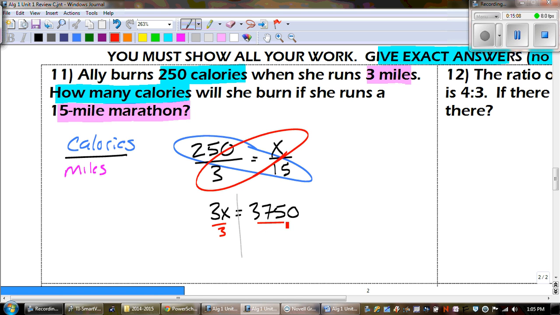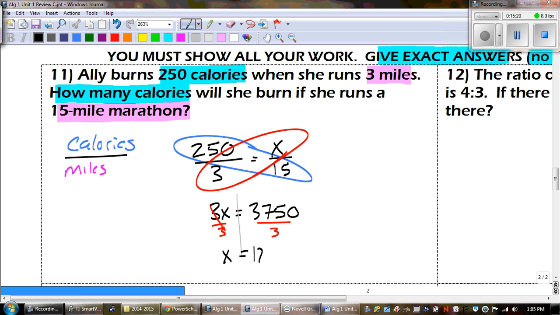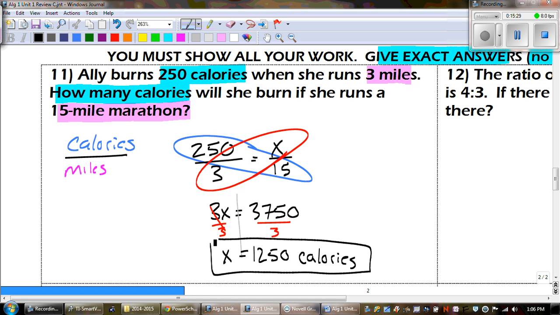So that means we have to divide by 3. And when you divide by 3, you get 1,250. And that's 1,250 what? Yep, calories. Not 1,250 miles, that'd be insane. Okay, so make sure you've got your answer nice and boxed, because these aren't multiple choice.